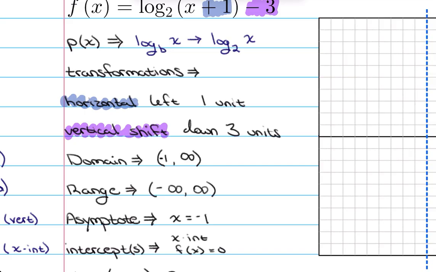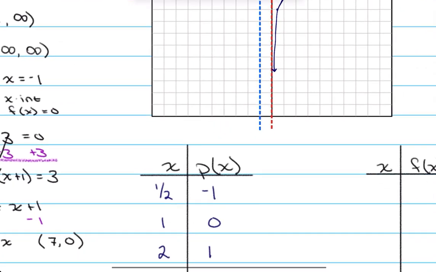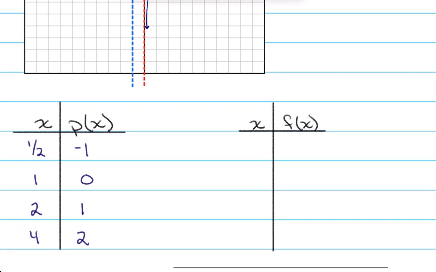Remember, that means that we are going to subtract 1 from them to move it to the left. So I would do 1/2 minus 1, so that's -1/2. I would do 1 minus 1, and I would do 2 minus 1 and 4 minus 1. So I have, again, -1/2, 0, 1, and 3.